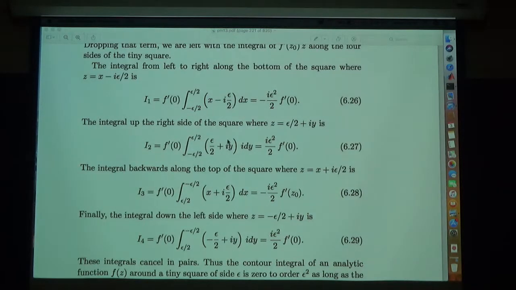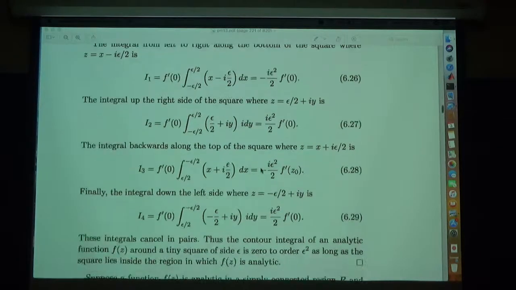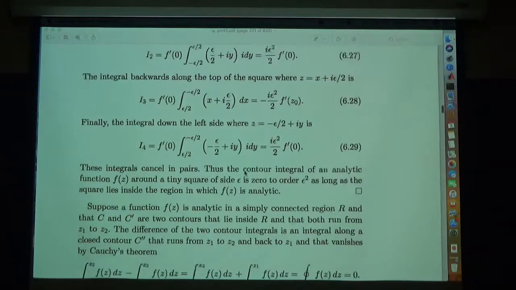We're integrating that, and we're subtracting x. z is this on the right-hand side, and this is actually z minus z0 because we subtract the x. Anyway, if we do all four integrations, you can see they cancel.